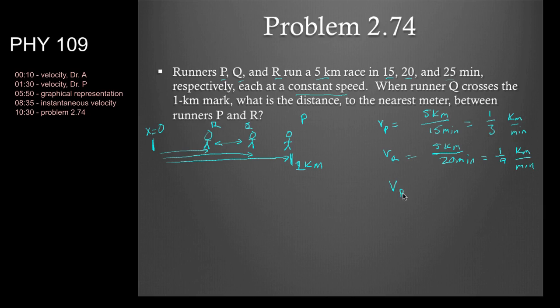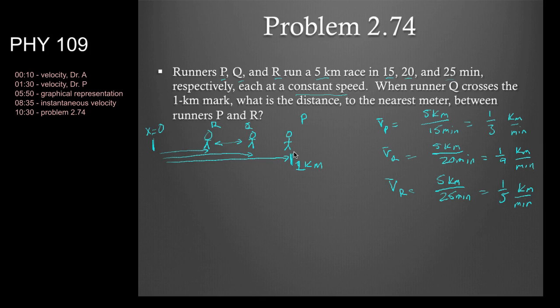And then now we have VR. It's going to be 5 kilometers in 25 minutes. That gives me 1/5 kilometers per minute. So now I have each of their average velocities during the race.